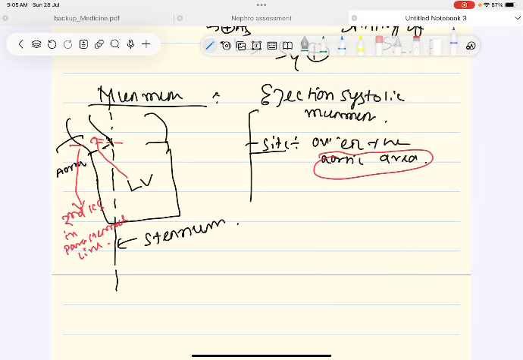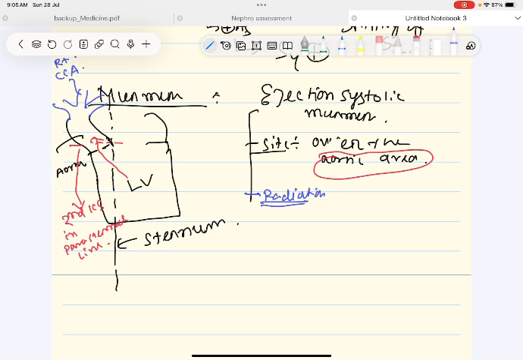Regarding the radiation, the aorta bifurcates into the common carotid artery, the right common carotid artery.